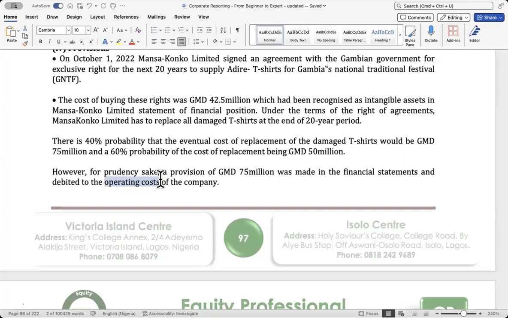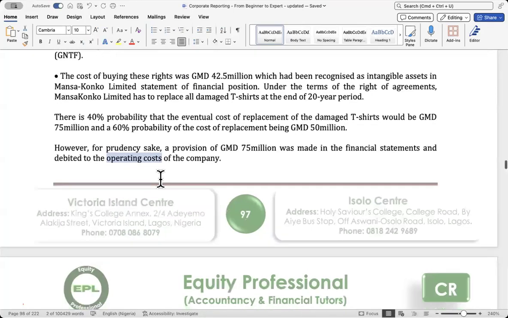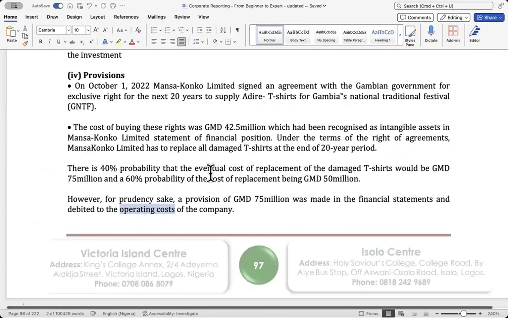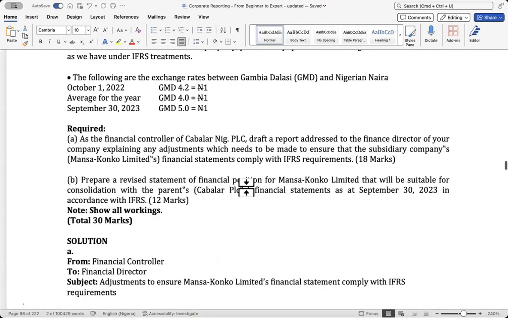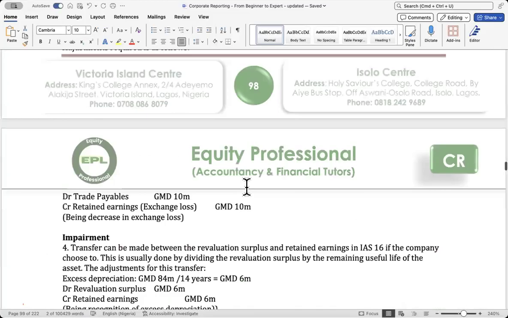Ordinarily, if it's other provisions, such as a legal case, those are expensed. But because this provision is for an asset, you capitalize it: you credit provisions and debit that asset. This guy debited P&L, so that's wrong. I will just derecognize it entirely so that I do it afresh, because there's a long thing.